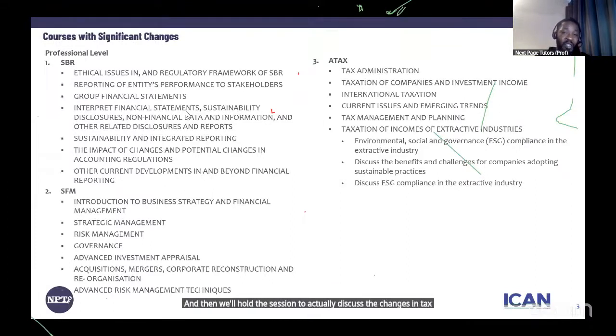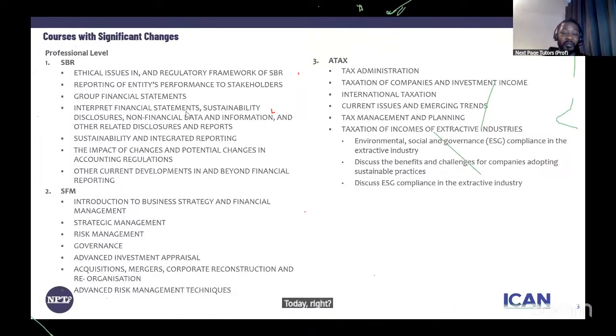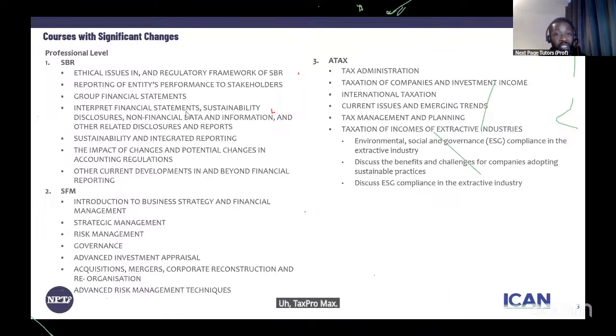The good thing is that most of our tutors that take Advanced Tax are tax consultants. So you can be rest assured that whatever we are teaching you, apart from what is in the syllabus, we are also able to reference the reality in the world of taxation today, right? And at the same time, the practical things that are being introduced to the syllabus, like the tax pro marks, we're able to give you proper training on how to use them, and you can go out there.